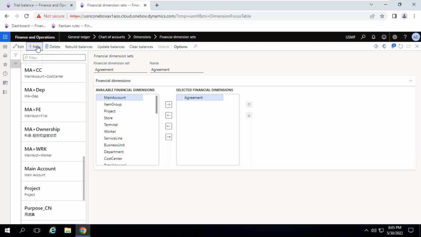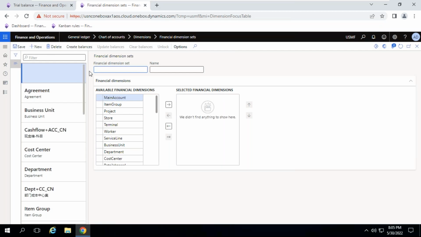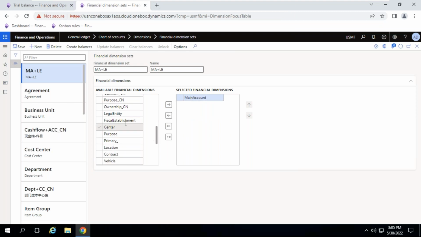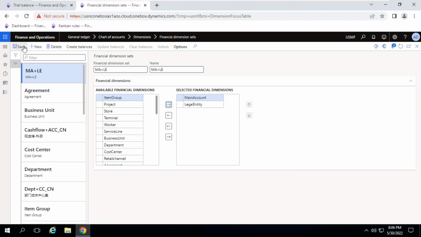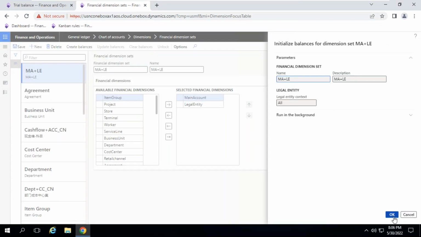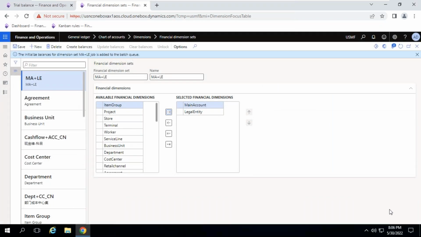What I'm doing, I'm creating a new structure, main account plus legal entity. So save and create defaults, create balances. Okay, it is refreshing.